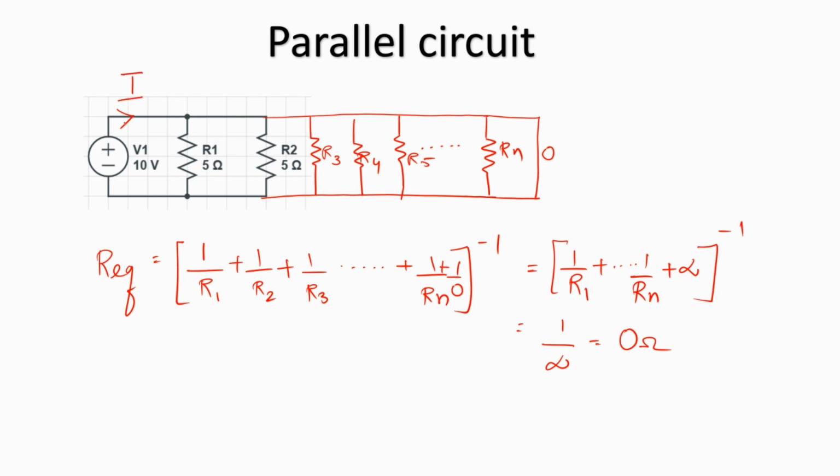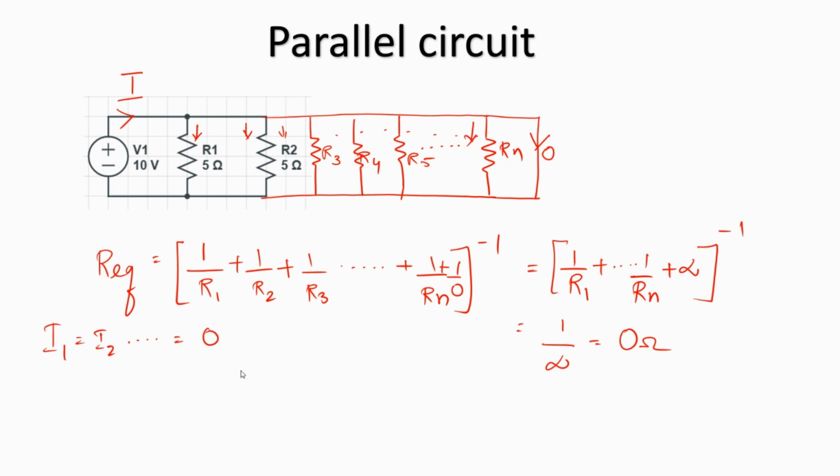If the current I comes out from this voltage source, then all of this current is directly going to go into this branch with the 0 ohm resistor and come out, which means that I1, I2, I3 and all of these currents in these branches are going to be 0.